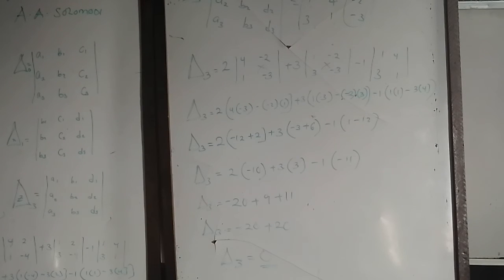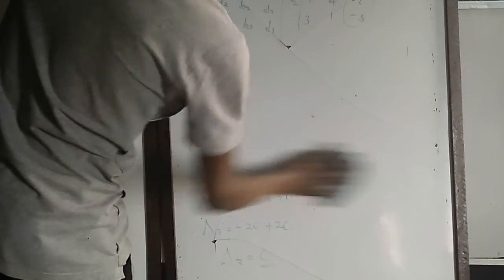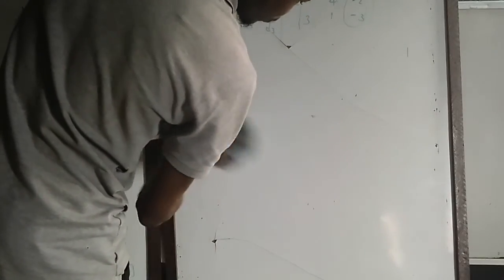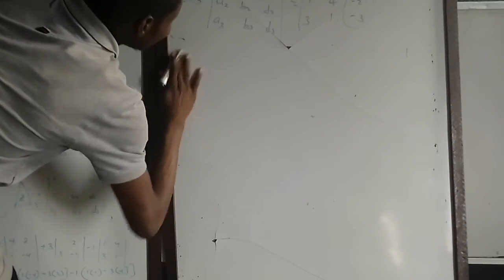So do you understand? Our D3 is equals to what? 0. So let's solve our final answer. Our formula is our formula.